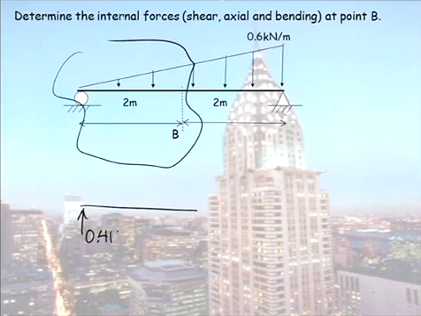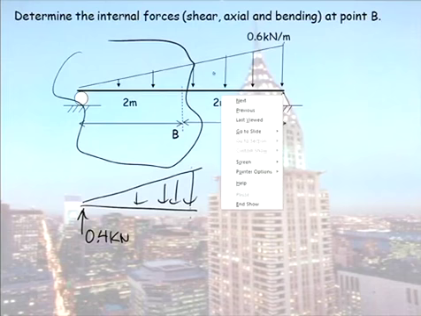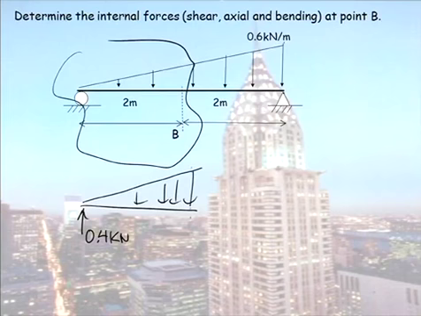0.4 kilonewtons. I'm cutting the beam in the middle, so what is the value of this load here in the middle? It's 0 at the left support, it's 0.6 at the right support. If we cut it in the middle, this height here is 0.3. If we didn't cut it in the middle, you would just use similar triangles.